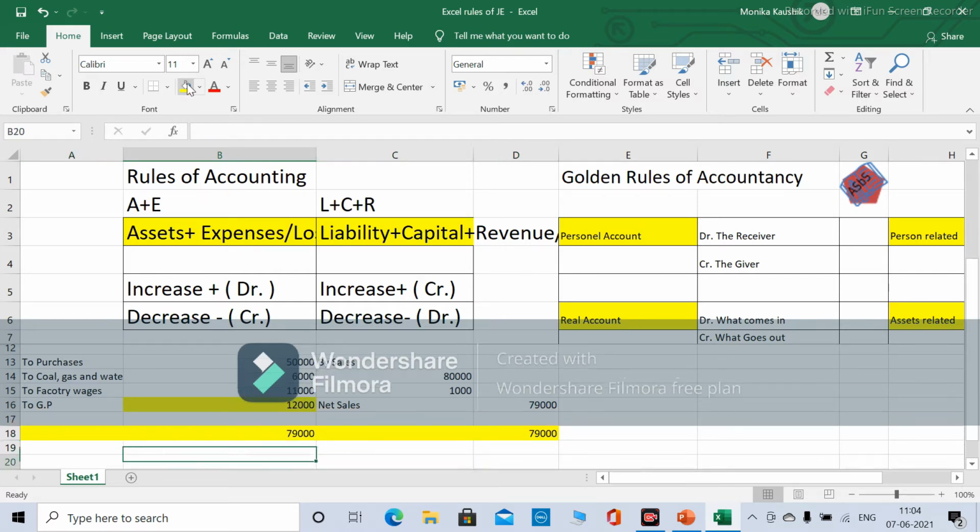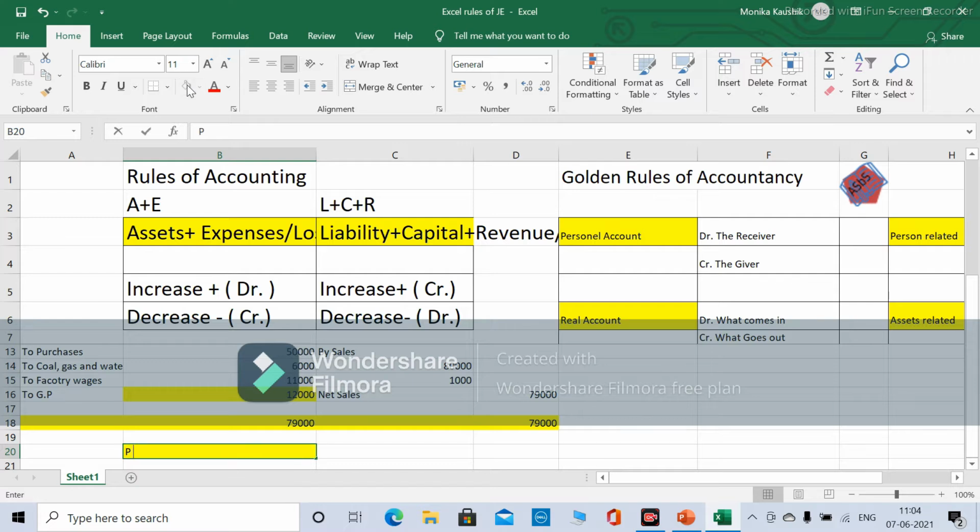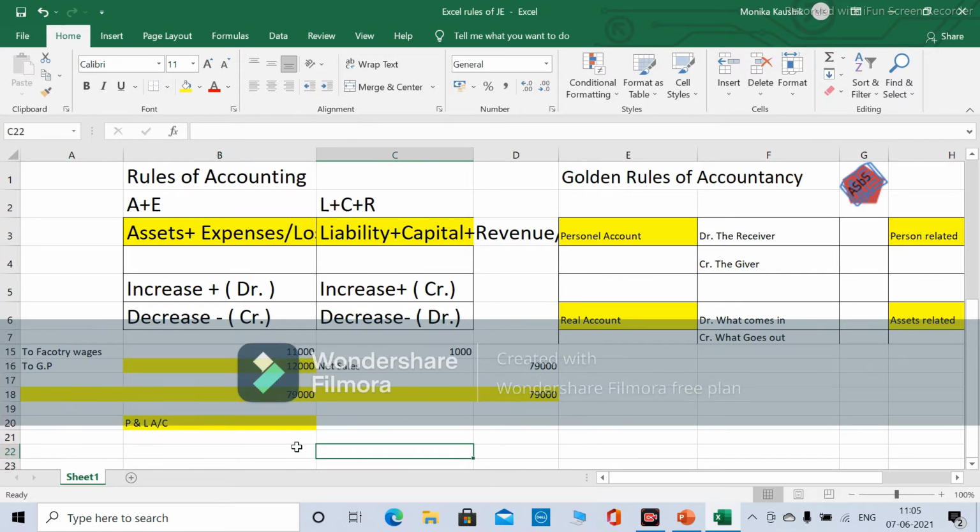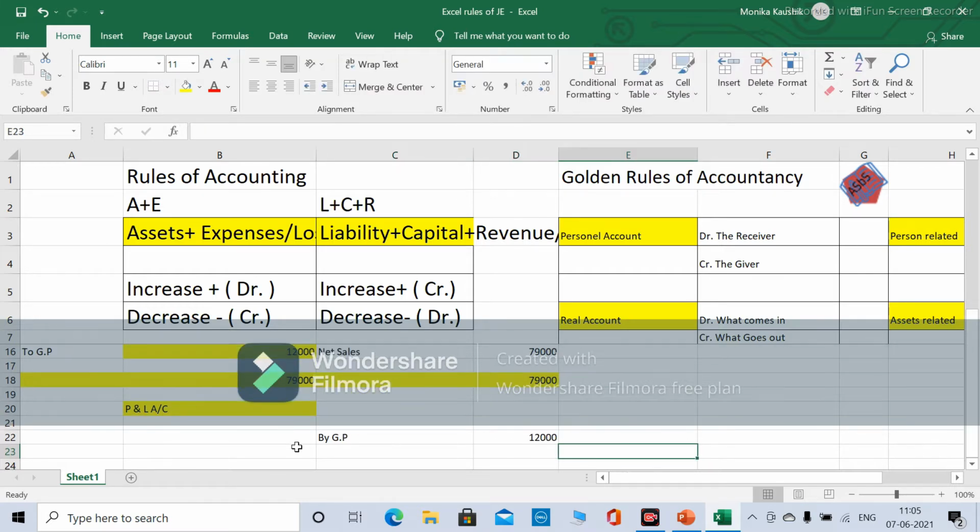Next, let's jump to the profit and loss account. To start it, first of all let's transfer the gross profit, by gross profit 12,000 rupees. This is the first initial step to prepare any profit and loss account.